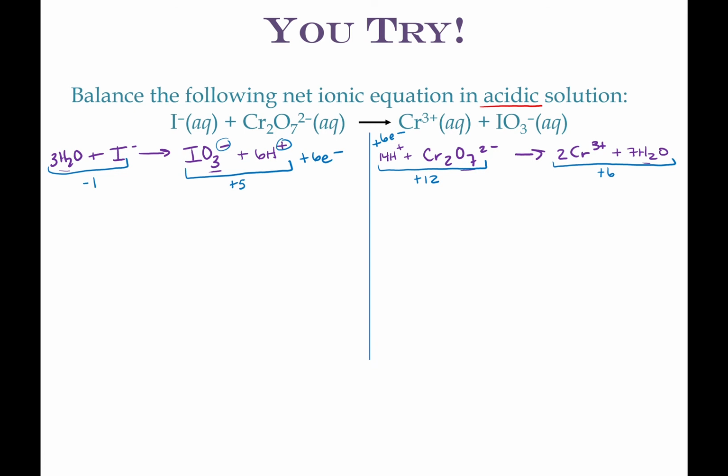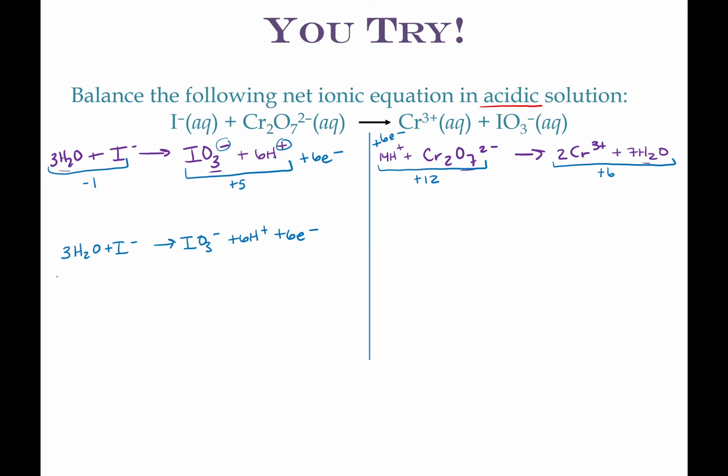So we can actually add these straight together because we both have 6 electrons. I'm just going to put it on one of these sides because there's a line down the middle. So 3H2O plus I minus goes to IO3 minus plus 6H plus 6 electrons.